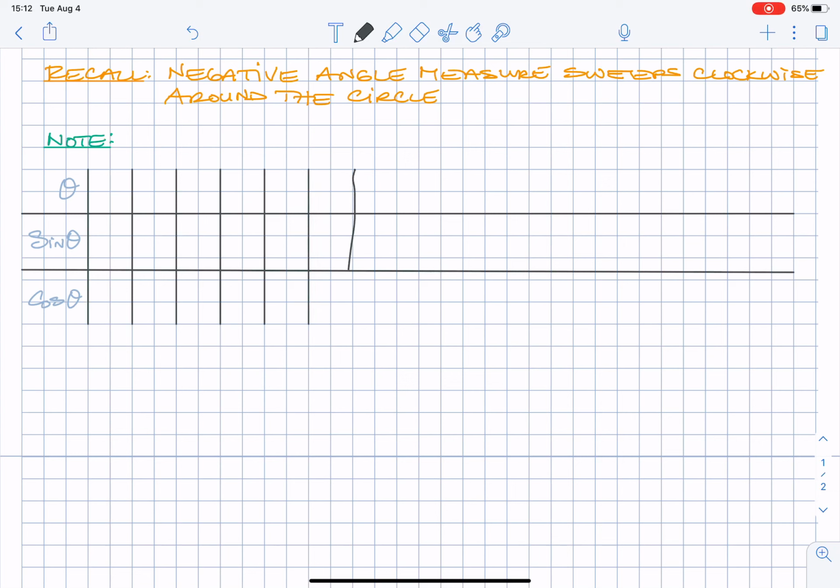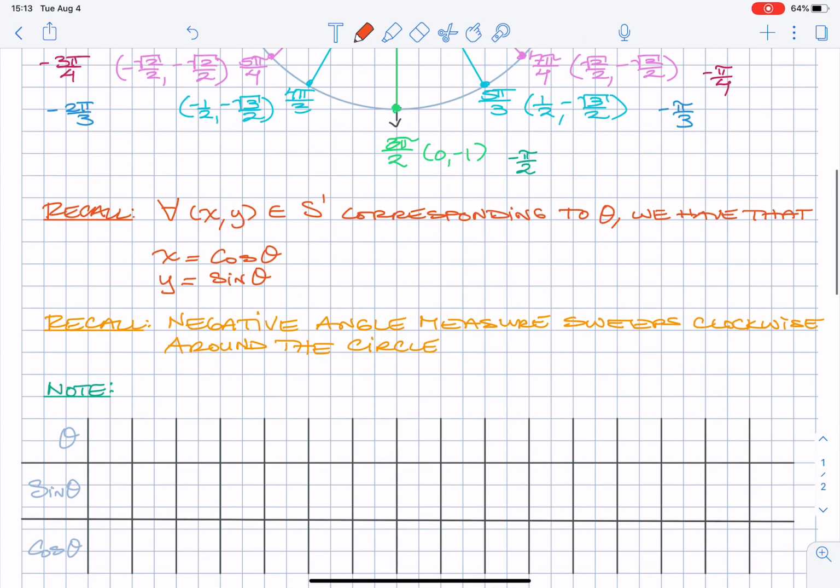I'd like to look at the x and the y coordinates for a whole bunch of angles, and then I'll never do it again because it's so cumbersome. But I think we should at least see it once, so you get the idea of where I'm getting all this from. And it's kind of like a nice meditative practice. Okay, so let's start with negative angles.